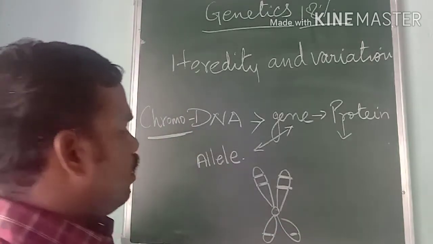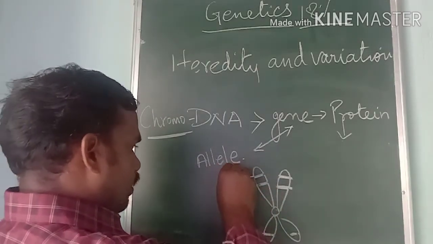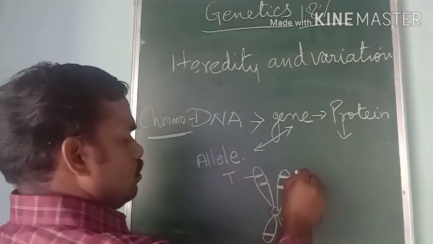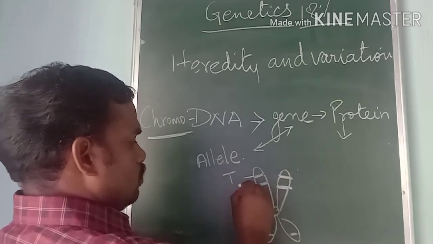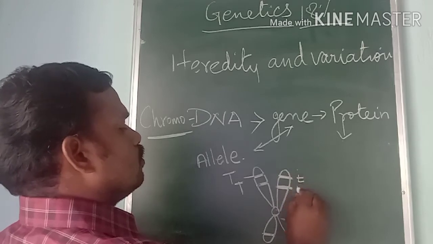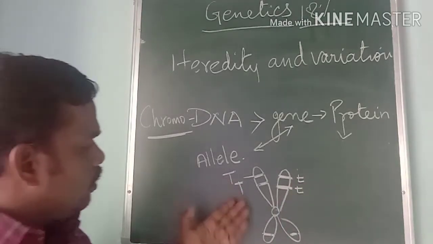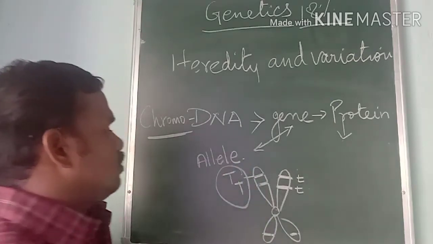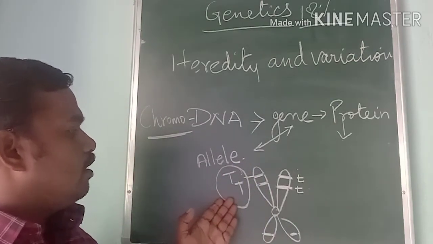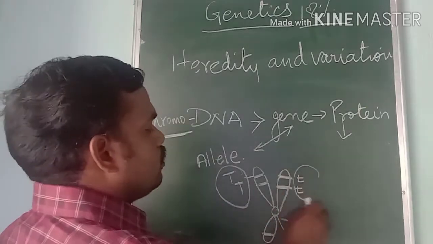Consider here, this is an allele T. So this is also T. Look at this. In this case, the pair of alleles is similar. Here also it's similar.